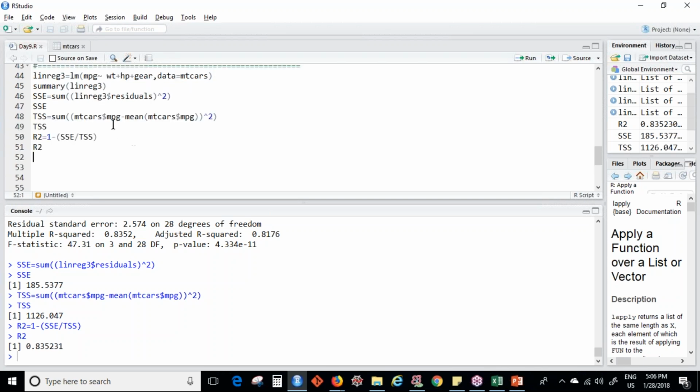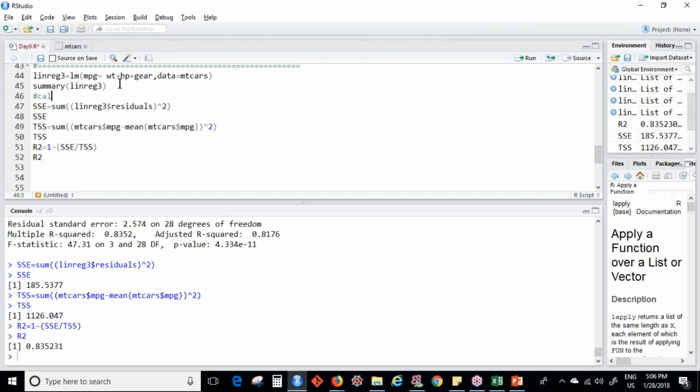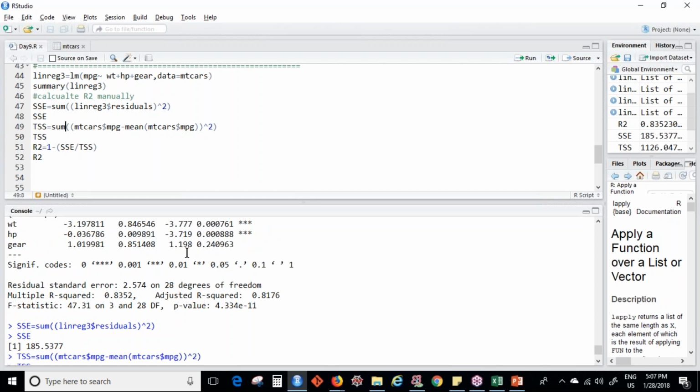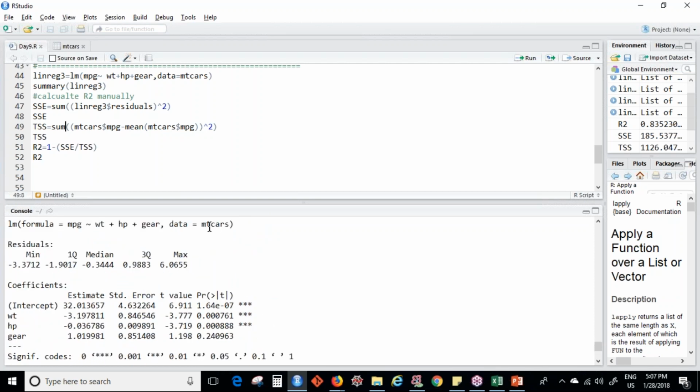Okay, is this clear, guys? How do you calculate r square?